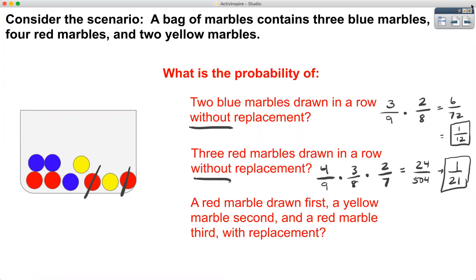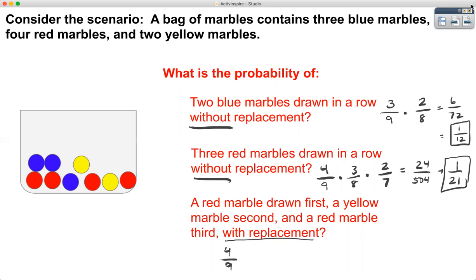Okay, last question. A red marble drawn first, a yellow marble drawn second, and a red marble drawn third with replacement. So because it says with replacement, we know we're going to have 9 marbles in that bag all the time. So what's the probability of a red marble being drawn first? Again, I know that's 4 out of 9.